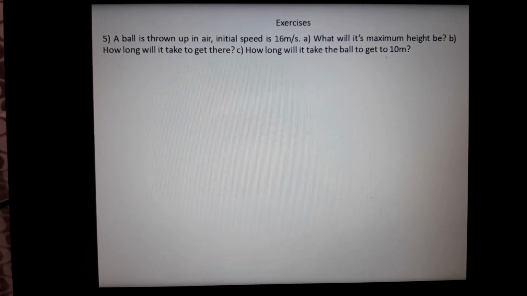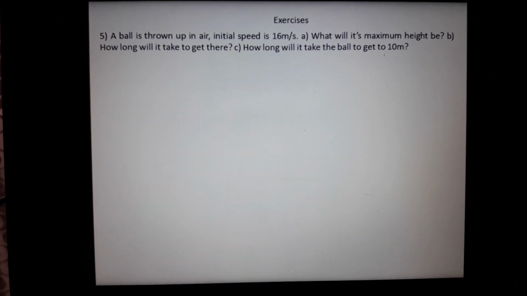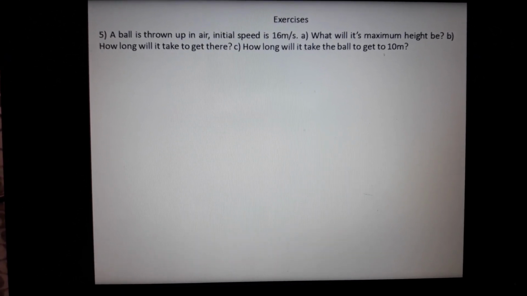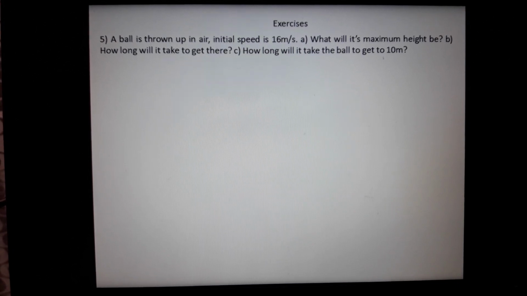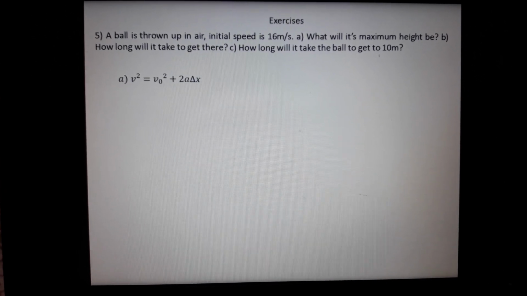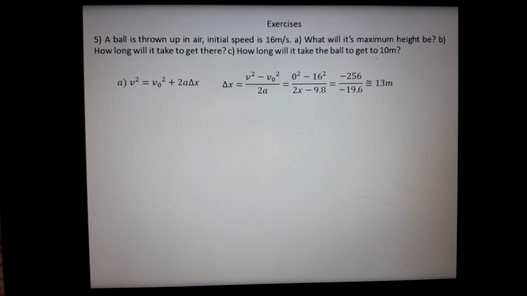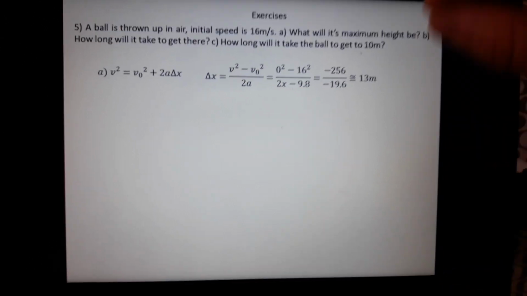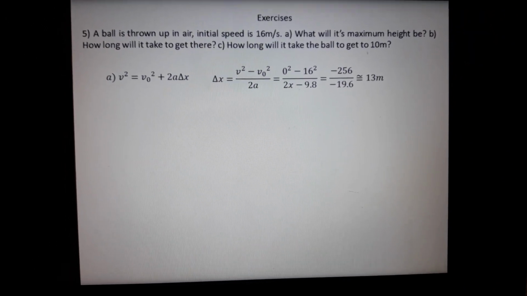A ball is thrown up in the air. The initial speed is 16 meters per second. Letter A: what will its maximum height be? We can use this formula, and we put here that the final velocity is 0, because at the maximum height the velocity is 0.